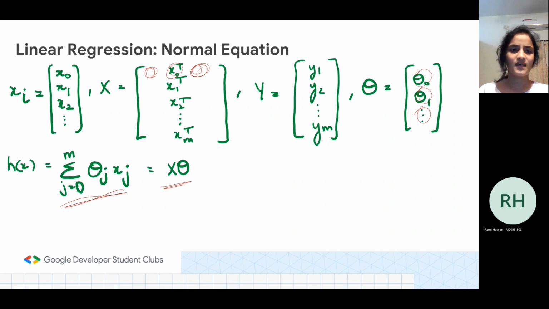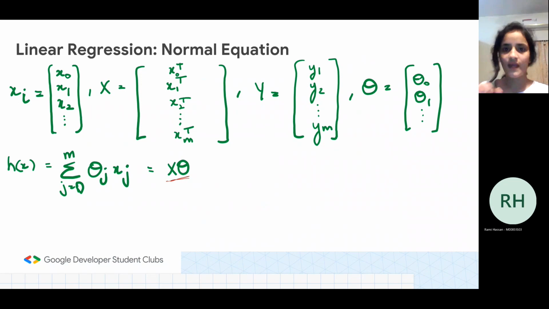So it's the same thing as we had done for the line, just in matrix symbols. We're going to represent it like this now, x and theta, just multiplied.